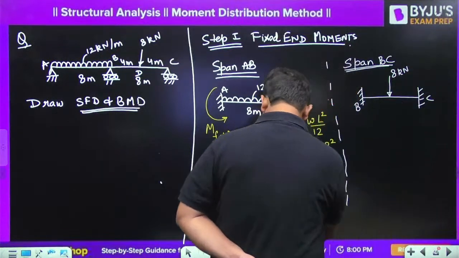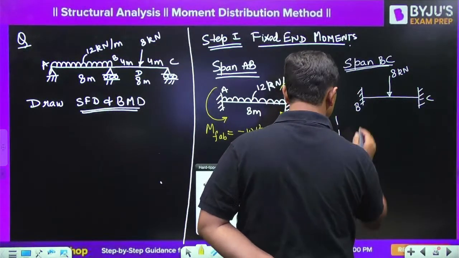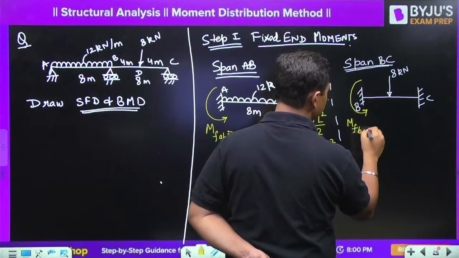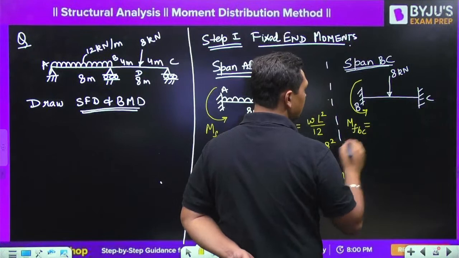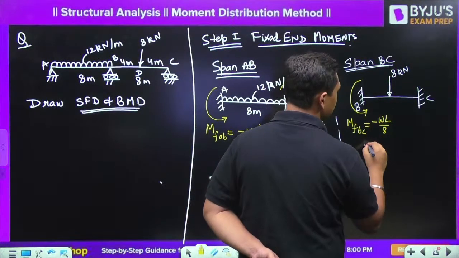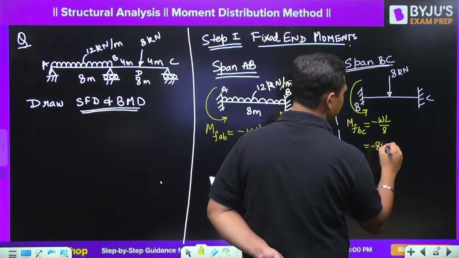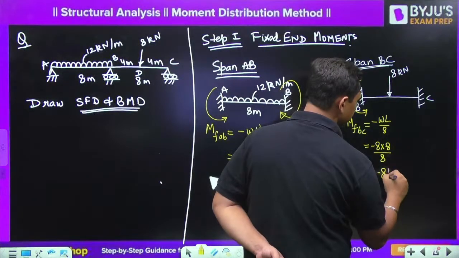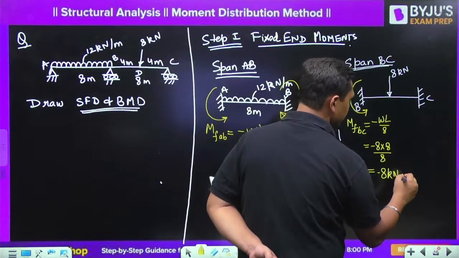So the fixed end moment MFBC will be equal to minus WL by 8, which is equal to minus 8 into 8 by 8, which is equal to minus 8 kilonewton meter.